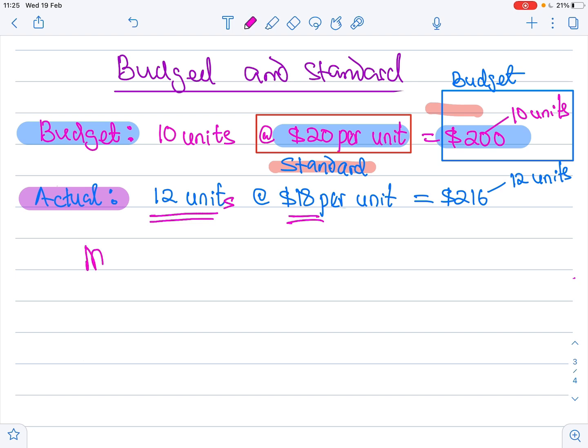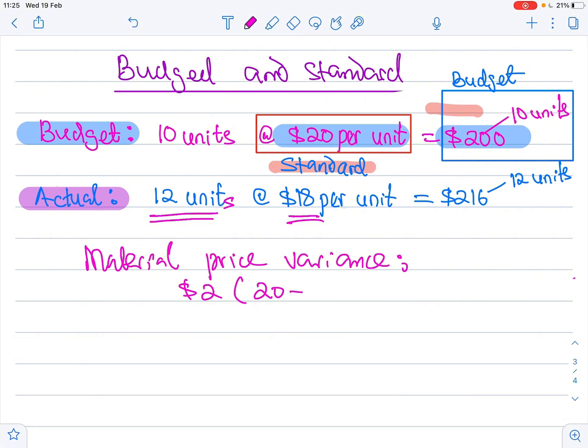Material price variance. This is going to be the $2. How do we get this $2? So 20 minus 18, multiplied by the 12 units, and you have this to be $24. Now the other bit is this 24, which is the variance. Is it favorable or adverse?